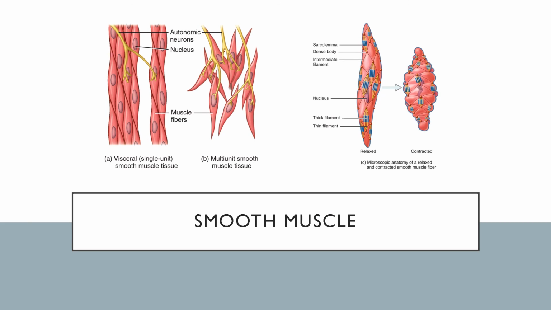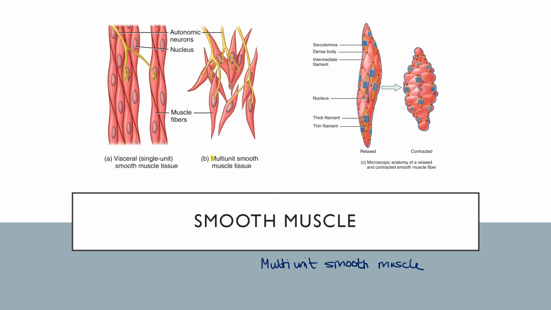Now the second type of smooth muscle tissue is the multi-unit smooth muscle. Actually, I'll change the color here. Now this consists of individual fibers, each with its own motor neuron terminals and with a few gap junctions between neighboring fibers.